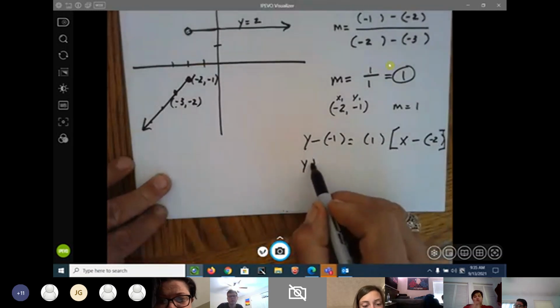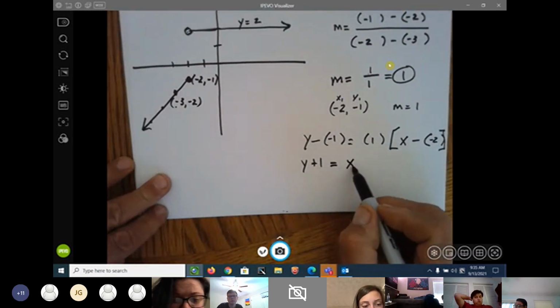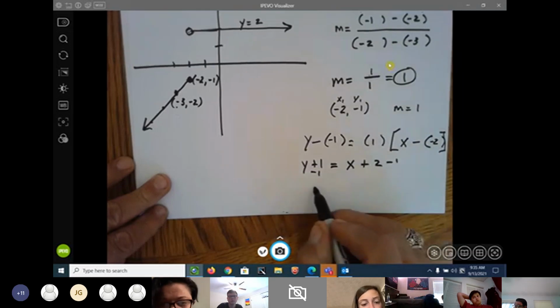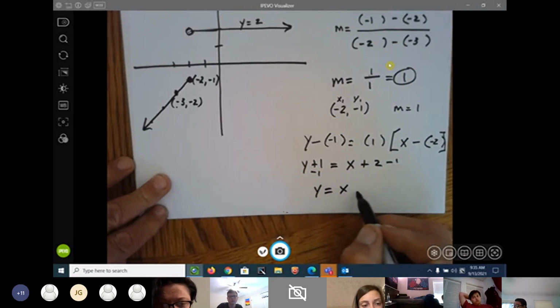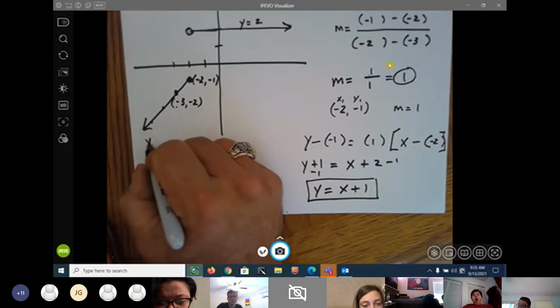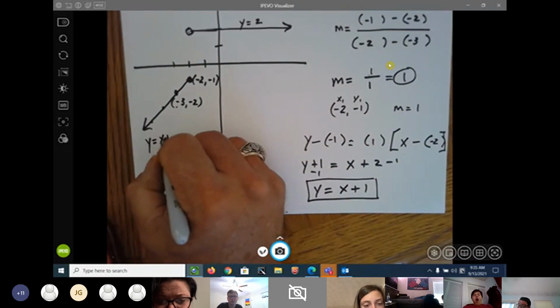So y plus 1 is equal to x plus 2. So y is equal to x plus 1. So this is y is equal to x plus 1.